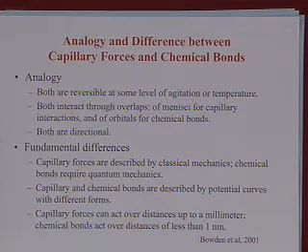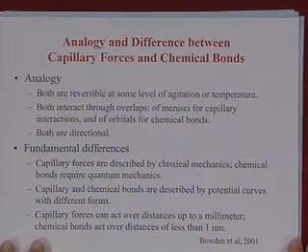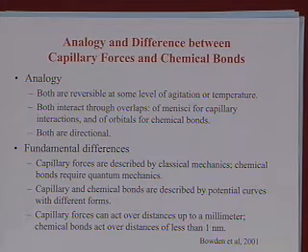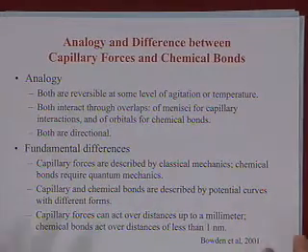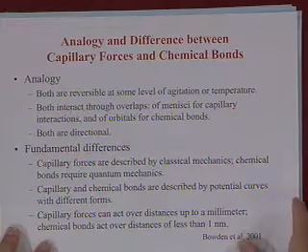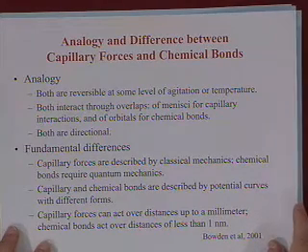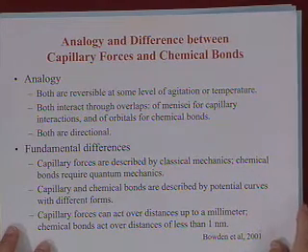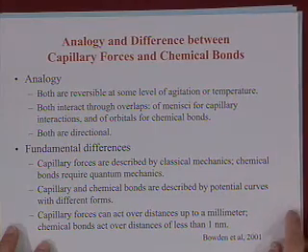For the capillary interaction, the overlap happens for the menisci. And for the chemical bond, the overlap happens for orbitals. I think we all know about this, and both of them are directional.